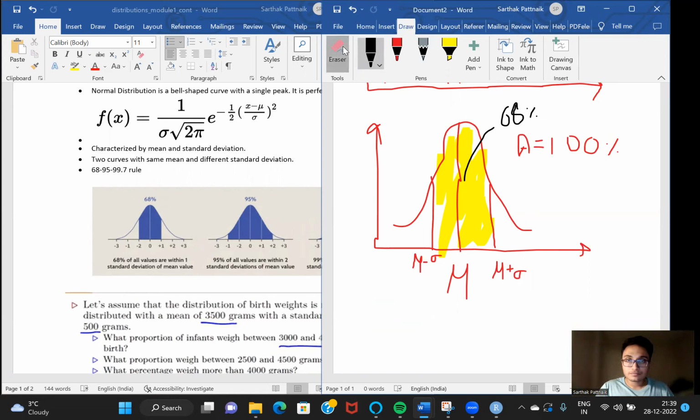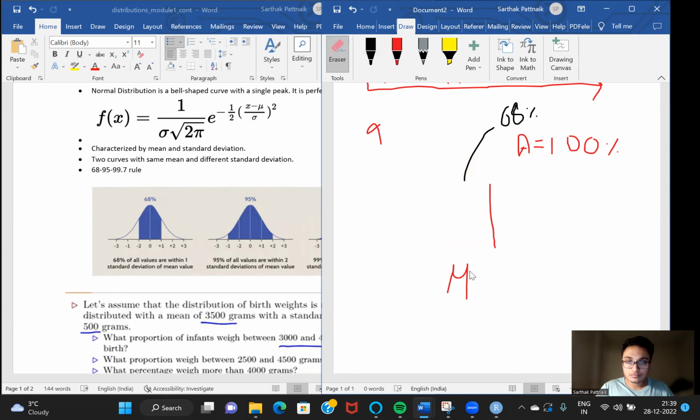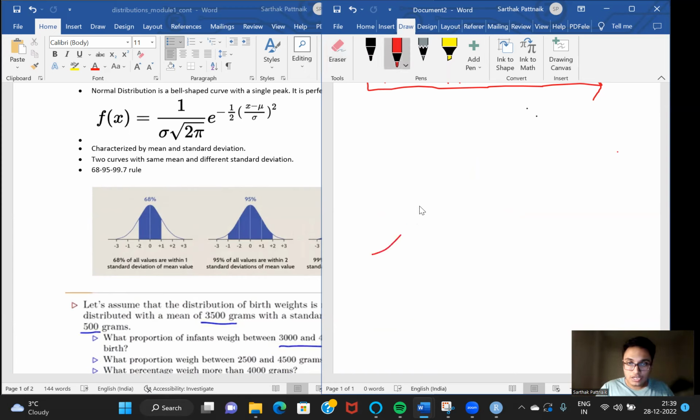Similarly, if you take the same bell curve, this is my central value mu.